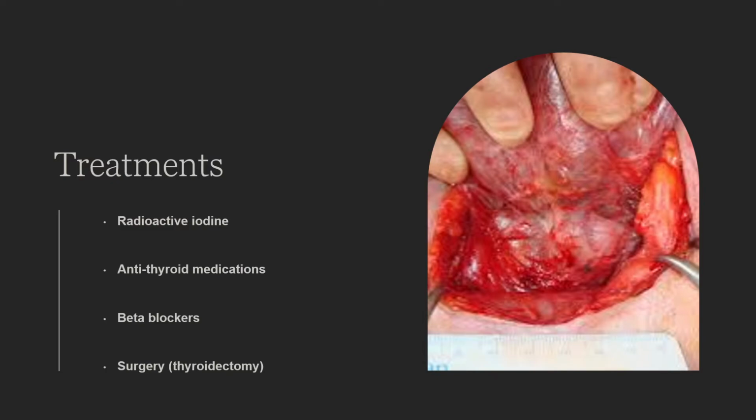What are the treatments? Here we have four of them. The first one being radioactive iodine. It's taken by mouth. The iodine is absorbed by the thyroid gland, where the result of that is that the gland ends up shrinking.